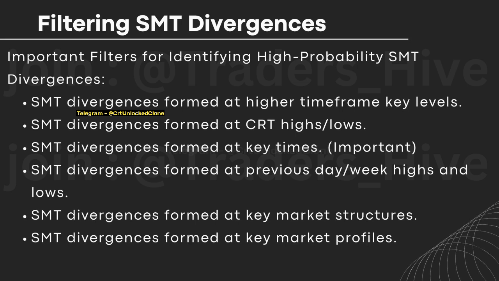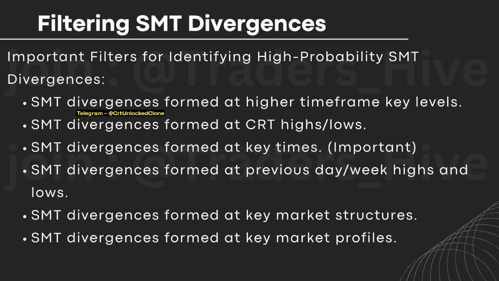It confirms the manipulation profile, and what happens is that we see a discrepancy there between the two correlated assets, right? In their price action, and that confirms that the underlying order flow is not able to continue, and we can potentially see a reversal in the opposite direction, right? And that confirms the SMT.